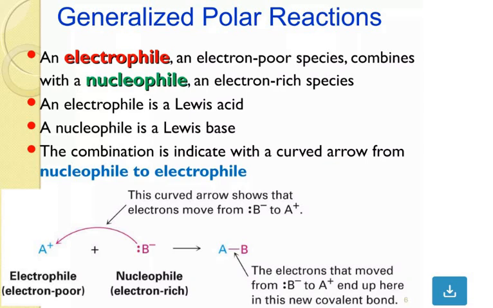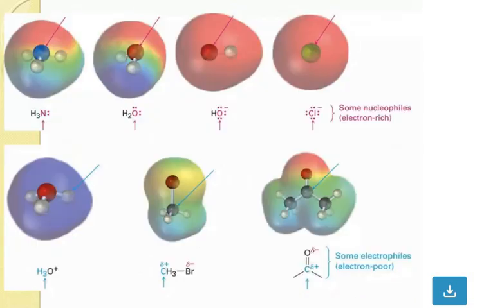The electrons move from nucleophile to electrophile and end up in the new bond formation, a covalent bond. So you can see here some nucleophiles, electron rich: ammonia, water, hydroxide ion, chloride ion, and some electrophiles, electron poor: CH3O plus, CH3Br and ketone.